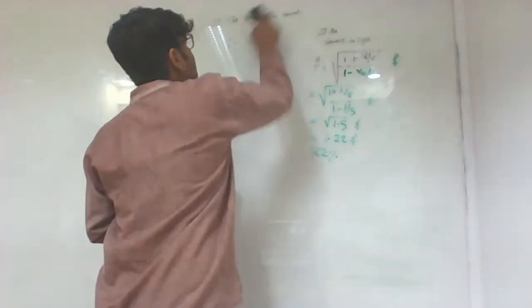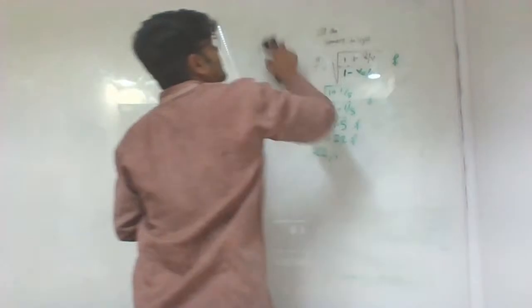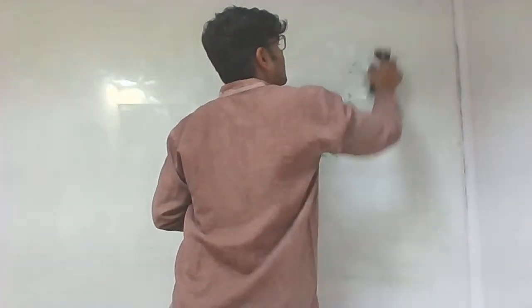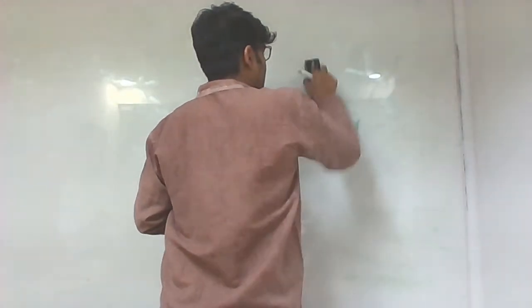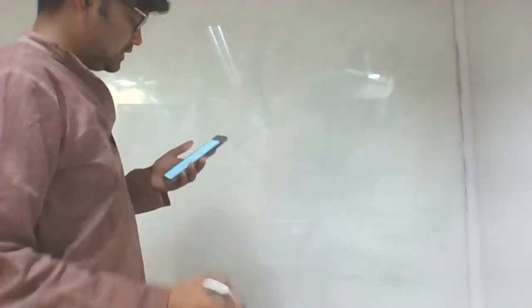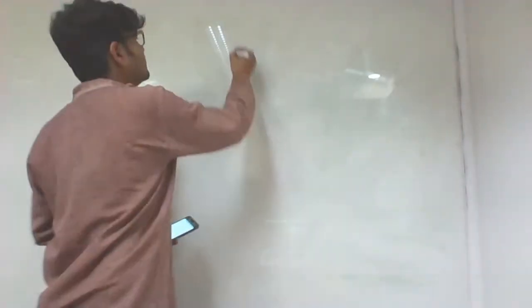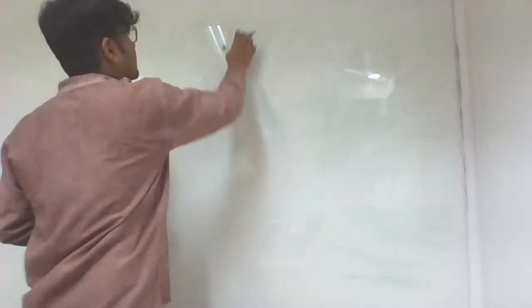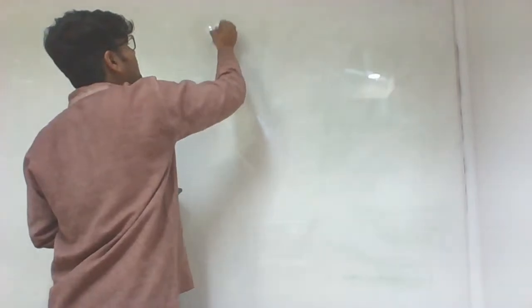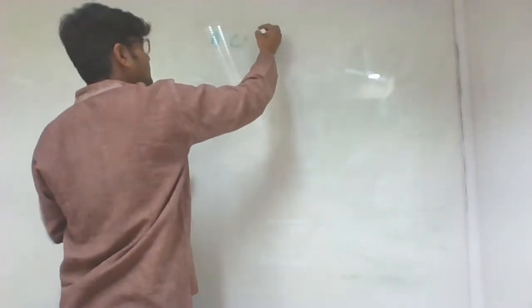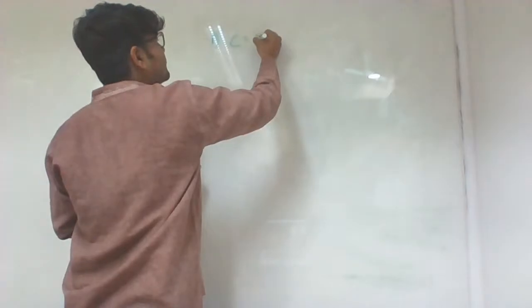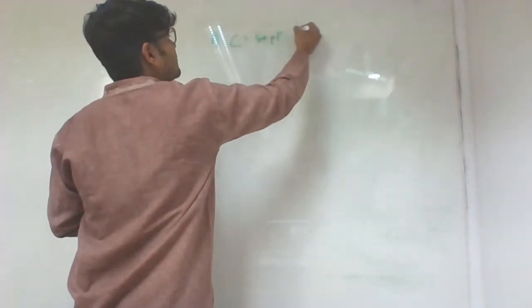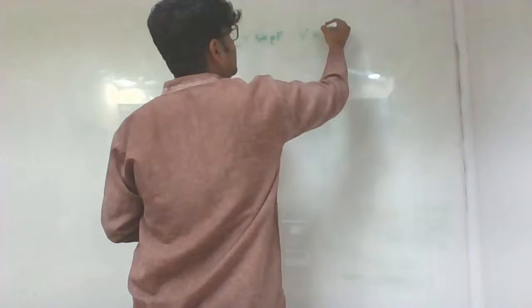Question number 7 says there is a capacitor which has a capacitance of 50 picofarad and a voltage of 100 volts.